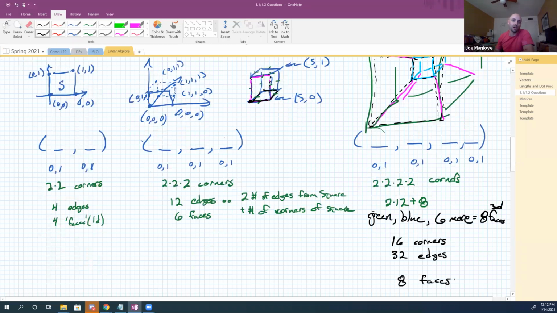And this is why I'm whining about having to use these words. Faces is a dumb word. You guys see that? Because between corners, edges, and faces, when the book says 3D faces, they skipped a dimension.